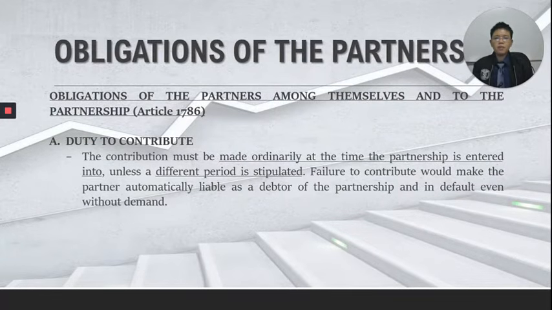The debtor will be in default or legal delay when there is already a demand. So dito sa duty na to, 1786, hindi siya umaayon sa general rule. Kasi here, even if there is no demand, as long as the time has come to give the contribution, the debtor/partner will be in default.